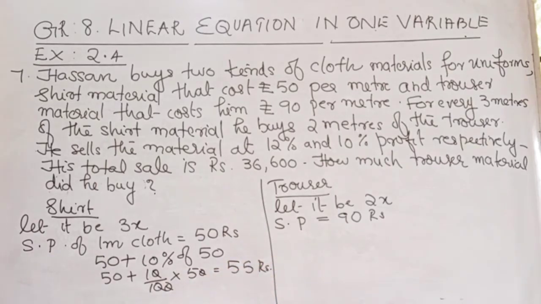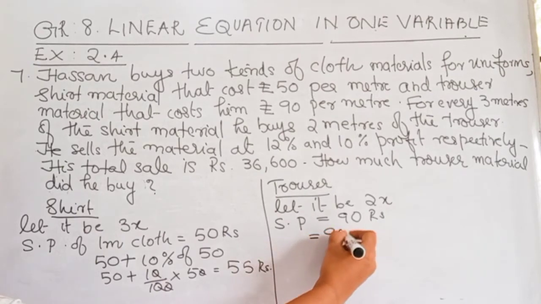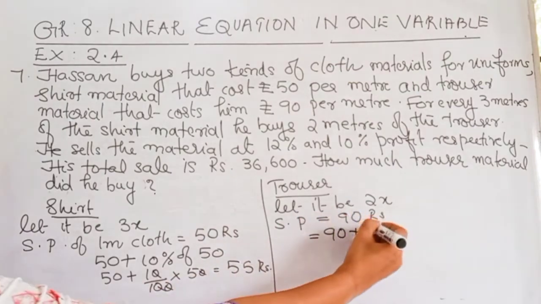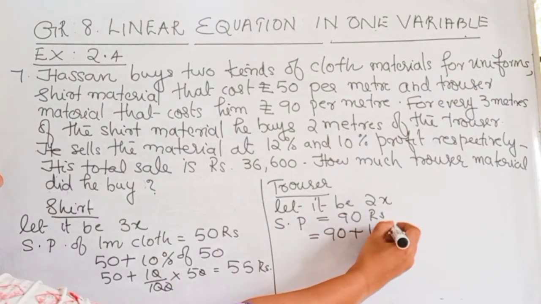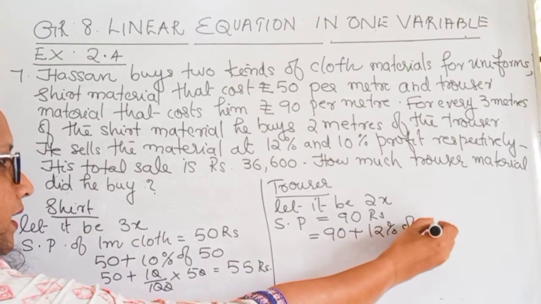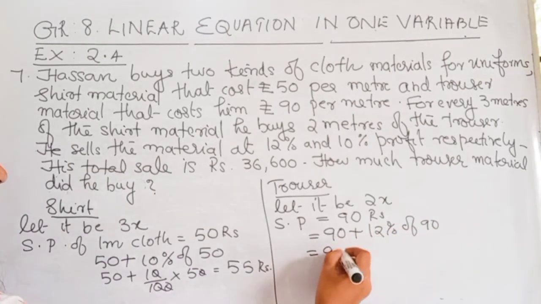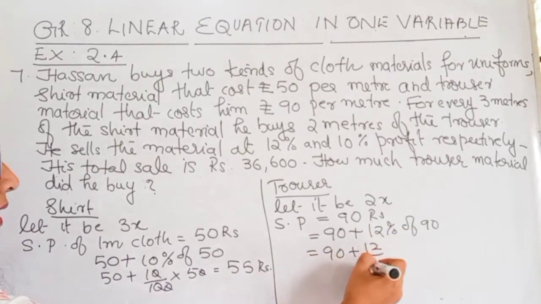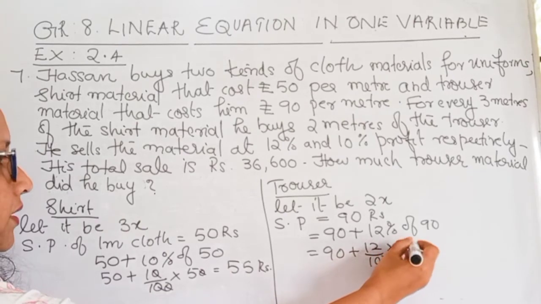Same way we can find the trouser material. SP is equal to 90 is the cloth cost and he is taking 12% profit, that is 12% of 90. So it is 90 plus 12 by 100 into 90.